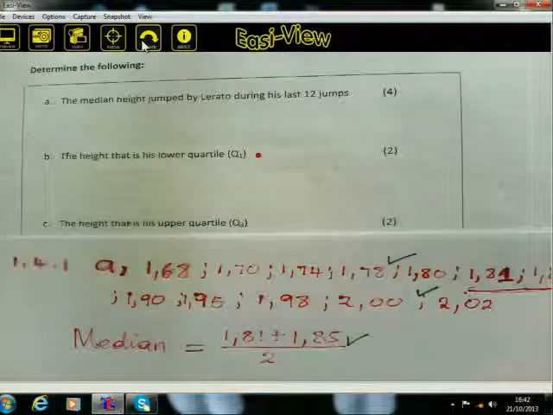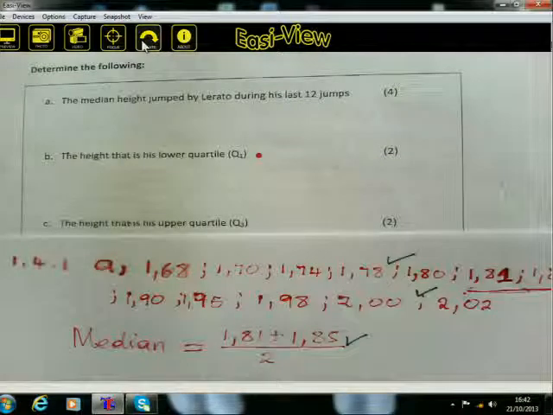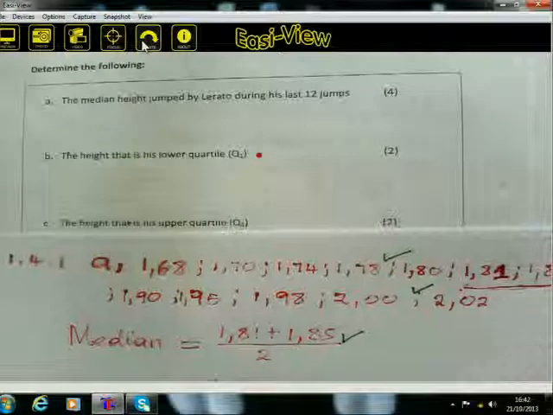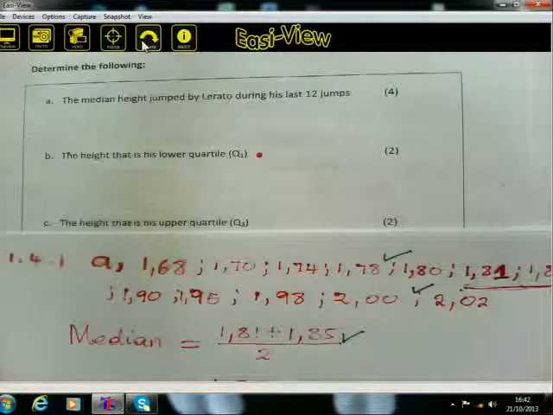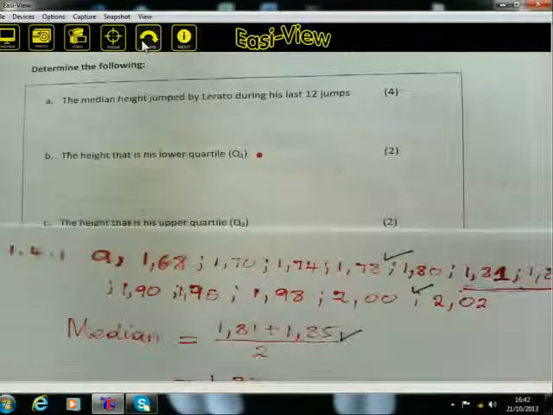Now you had to determine the upper quartile, which is Q3 in brackets. So how are you going to determine the quartile 3? Same as you have done in number B, but differently now, because we will be starting from the right.